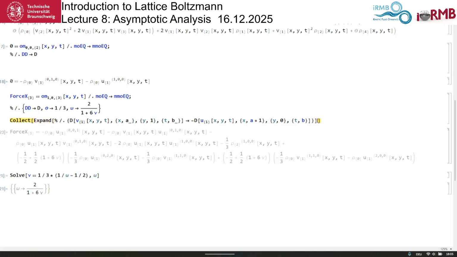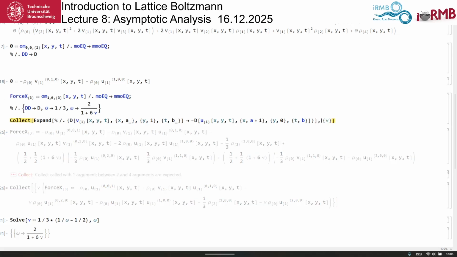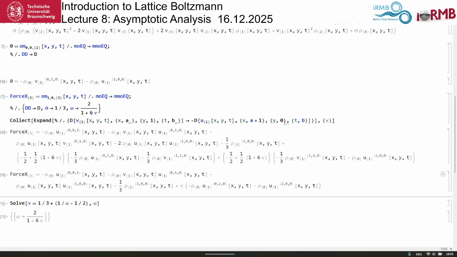So, and then we collect things, so we want to have everything that comes with nu together. Collect is called with one argument instead of 2, because I have not put a comma here. So, and let's get rid of this.